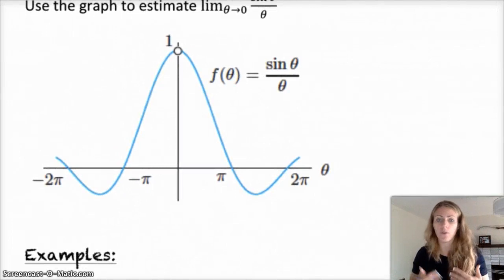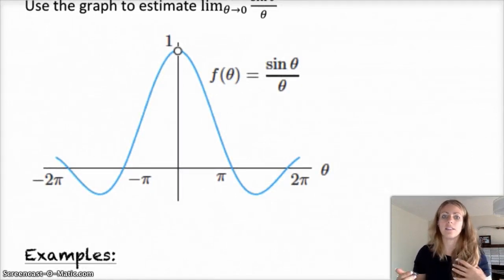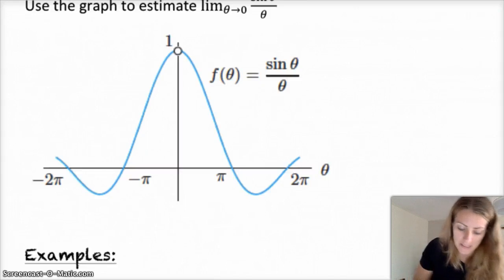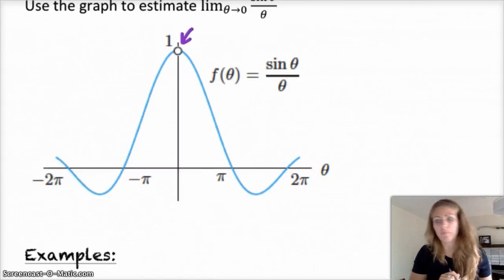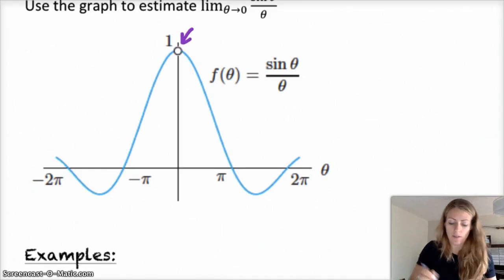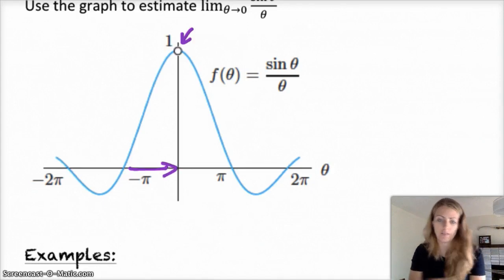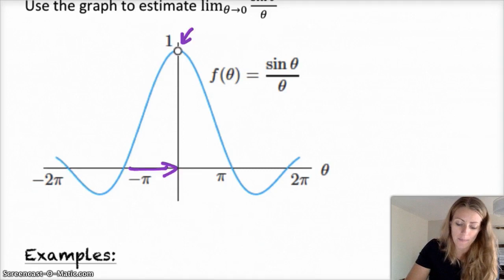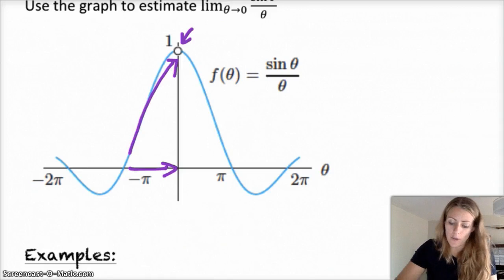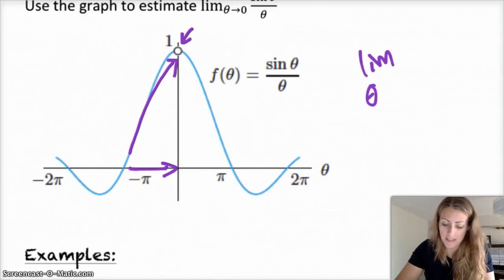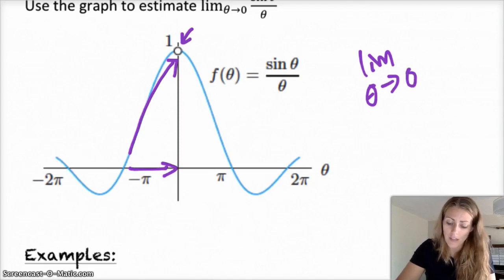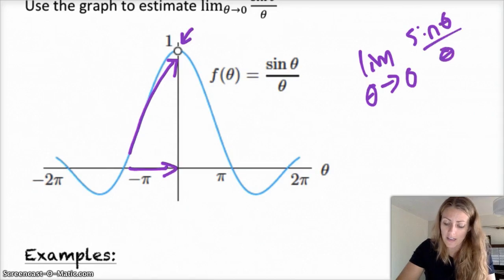If I want to know whether this function is continuous at that point, then the limit as theta approaches 0 of sine of theta over theta is 1, right? Because that's what we just talked about.